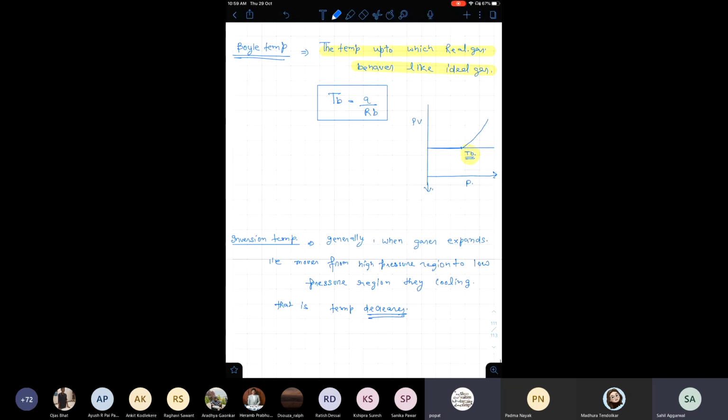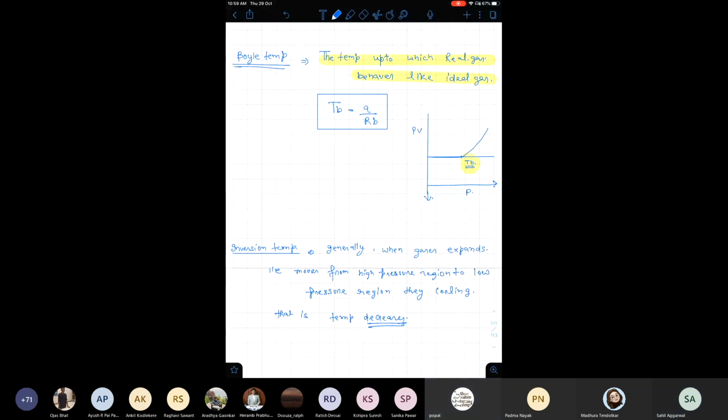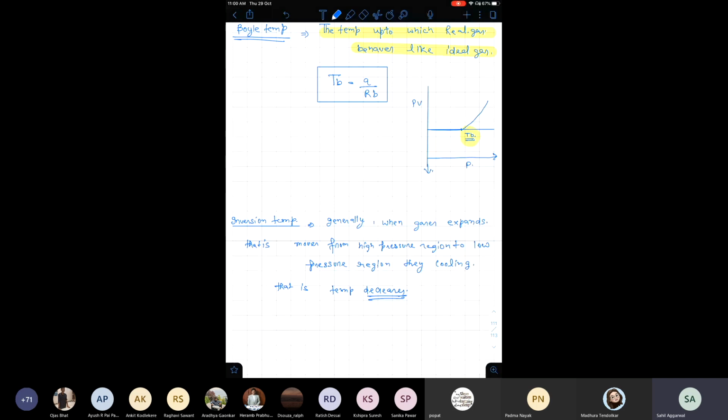When gases expand, that is when they move from higher pressure region to lower pressure region, they show cooling effect. ऐसा क्यों होता है वो हम next chapter में देखेंगे. अभी के लिए आप ये मान लो whenever gases expand they show cooling effect.